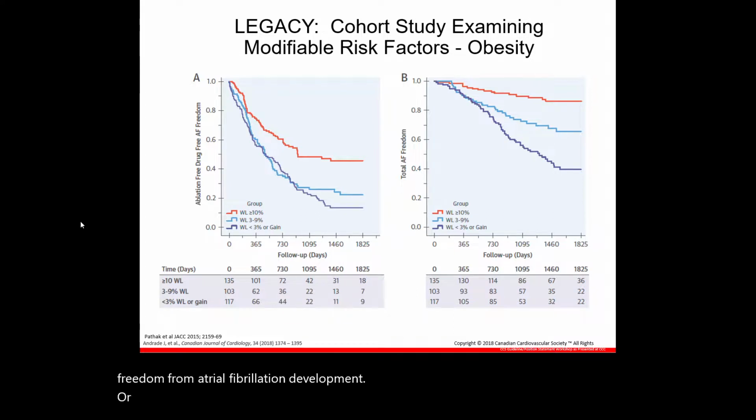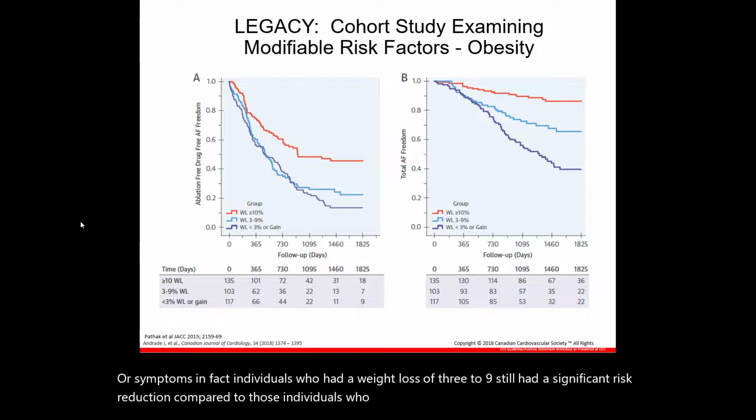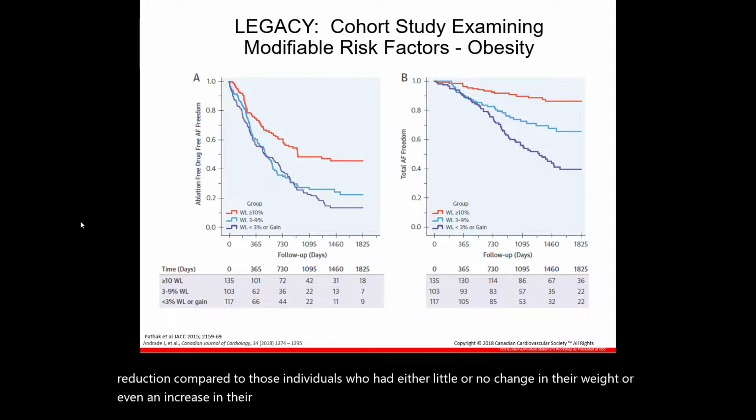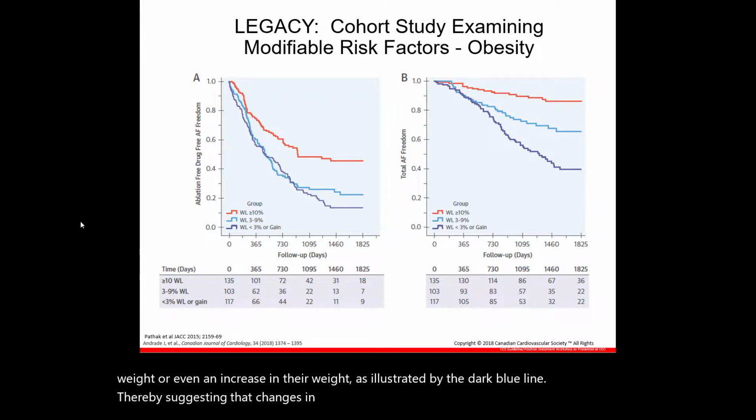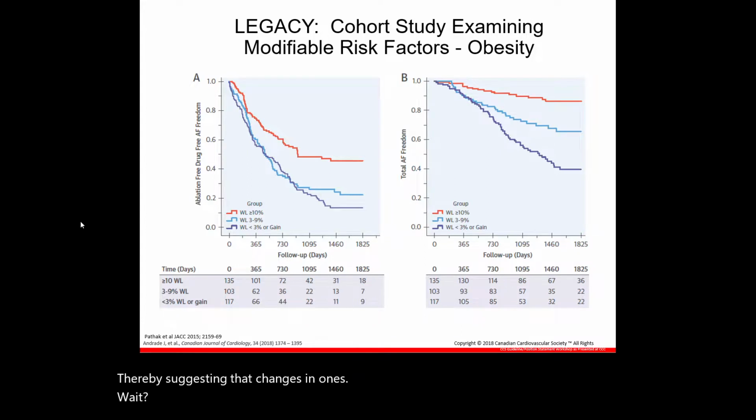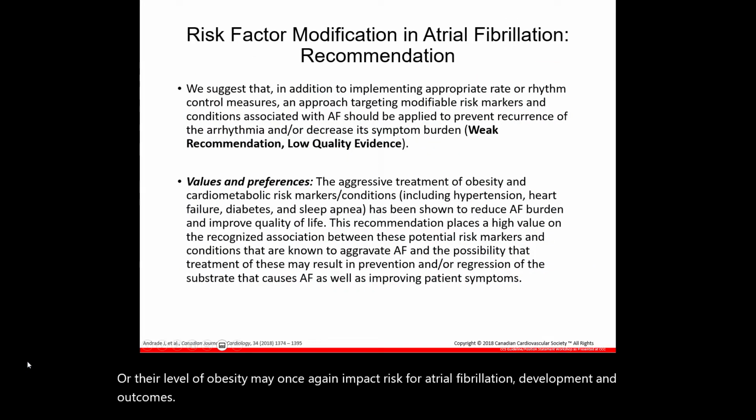In fact, individuals who had a weight loss of 3 to 9% still had a significant risk reduction compared to those individuals who had either little or no change in their weight or even an increase in their weight, as illustrated by the dark blue line, thereby suggesting that changes in one's weight or their level of obesity may once again impact risk for atrial fibrillation development and outcomes.